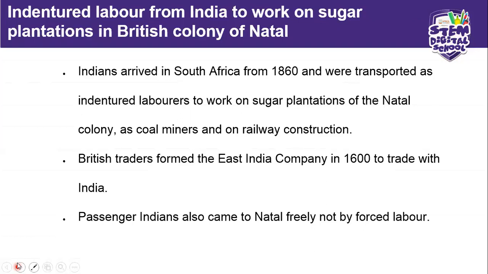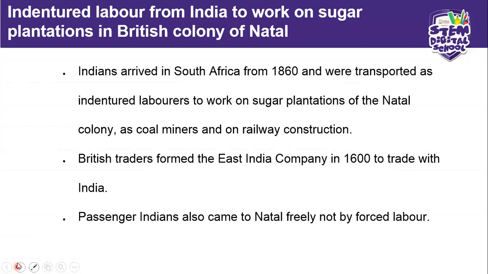Indians arrived in South Africa from 1860 and were transported as indentured laborers to work on sugar plantations of the Natal colony, as coal miners, and also they were working on the railway construction.